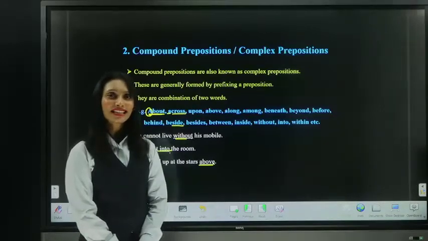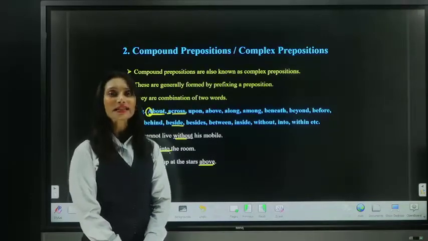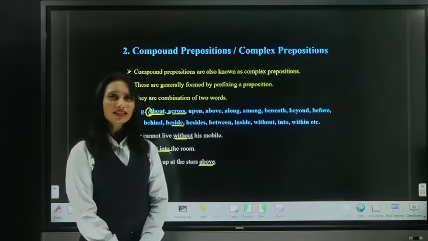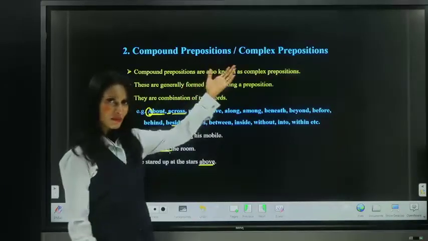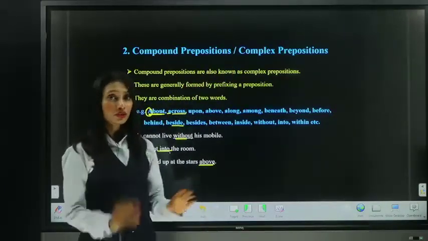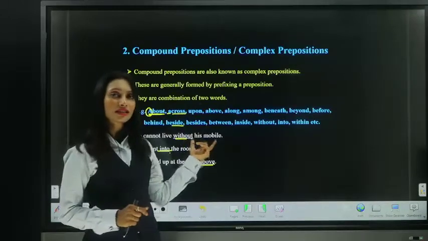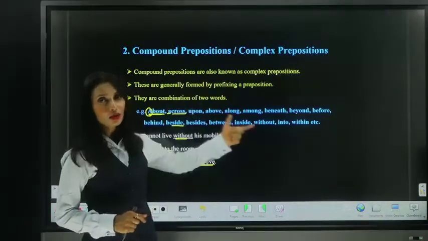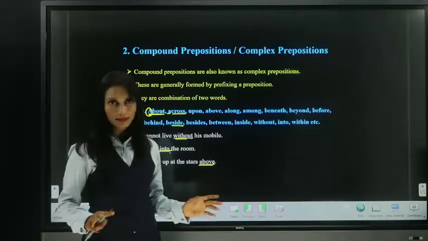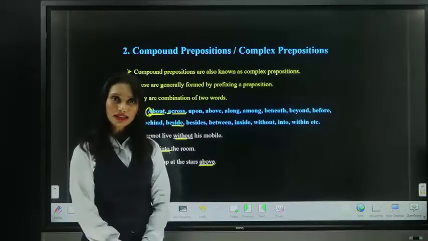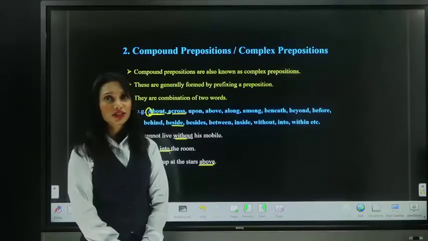Now let's see the third one, complex prepositions. What? Complex is also a compound. So do not confuse: compound prepositions and complex prepositions are the same. Coming to the third one, double prepositions. What is a double preposition?